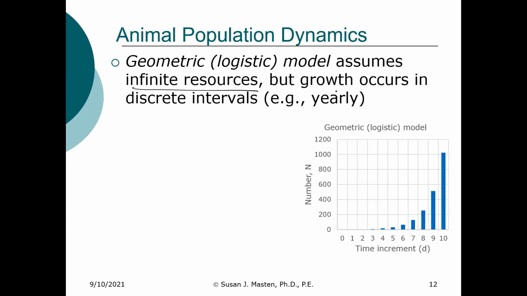We've got an increase on day 4. It's growing in discrete increments. So N sub t over N sub 0 is equal to lambda to the t. t is the time step. So the growth is occurring in these time steps.